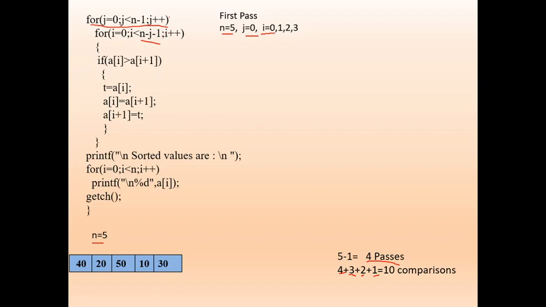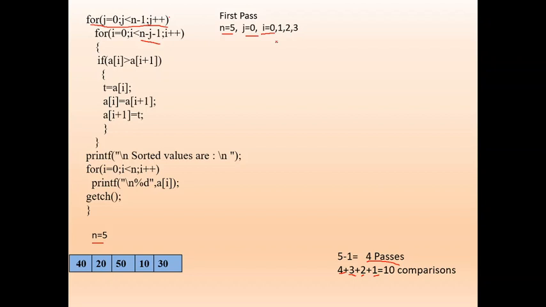In the first attempt, my j value is 0. Now, what is my n? 5. 5 minus 0 is 5, 5 minus 1 is 4. I less than 4 means I will get only 0, 1, 2, 3.